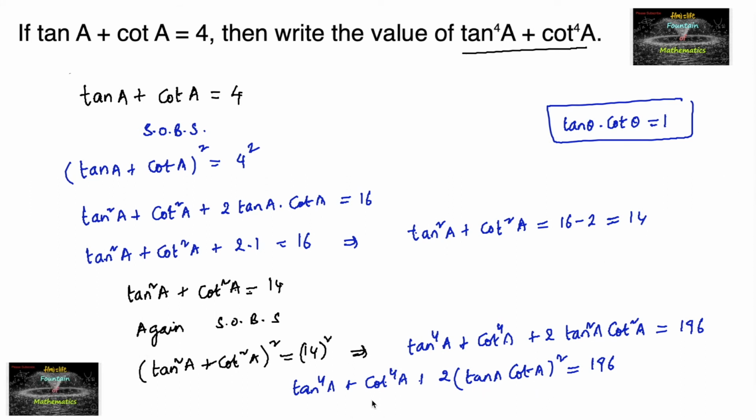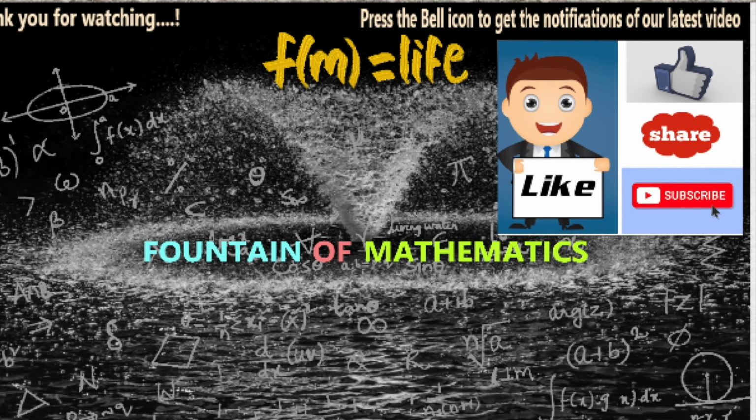Since tan A cot A is nothing but 1, we can write 196 minus 2, which is equal to 194. So we can go with the answer 194. Okay, thank you.